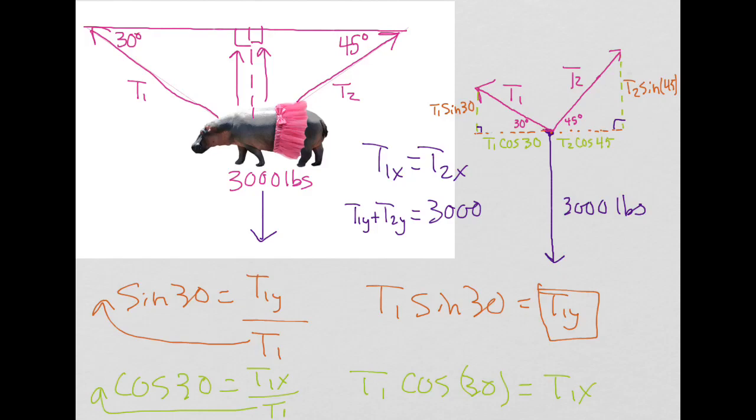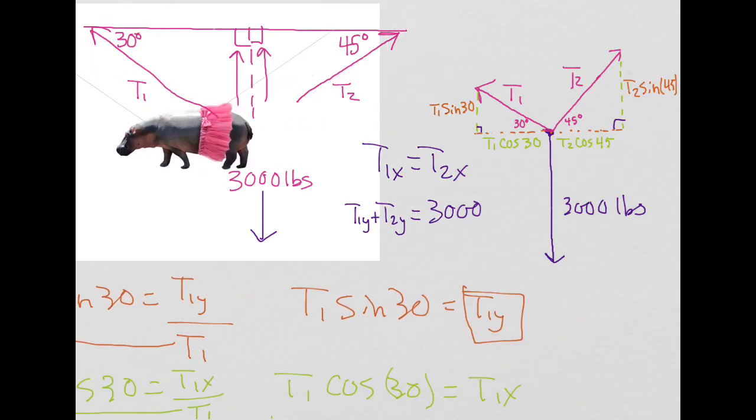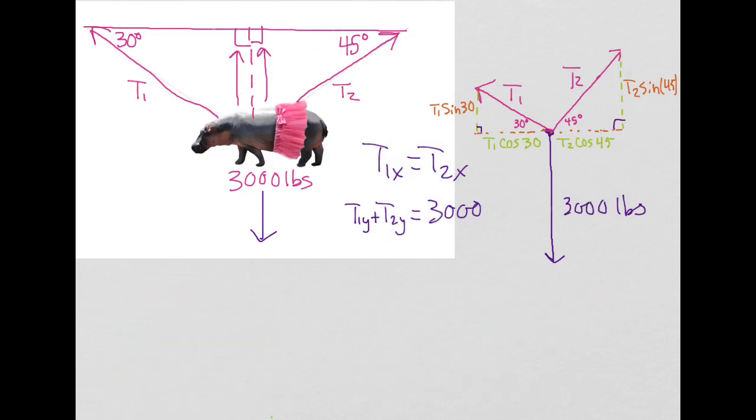Remember, I said before, we're going to be using a system of equations to solve this. Not a complicated system by any means. So let's go ahead and rewrite these two equations that we got with the new components that we found. So T1x, that was the horizontal component of our triangle on the left, and T2x was the horizontal component of the triangle on the right, the 45-degree triangle.